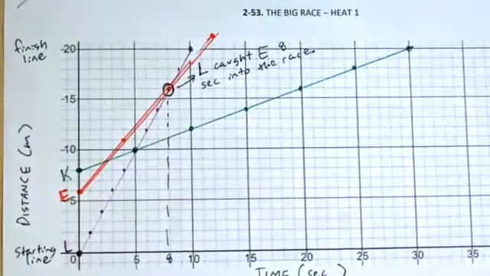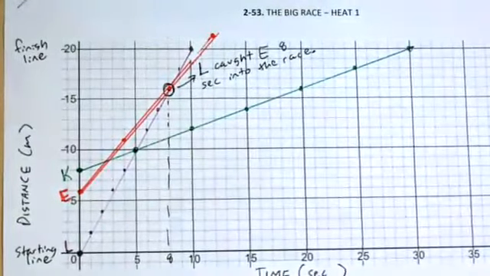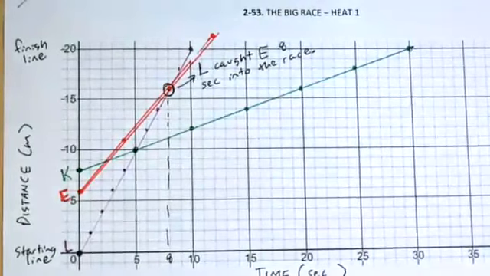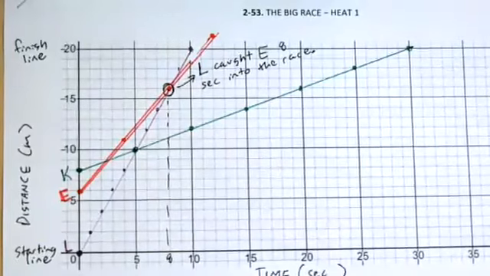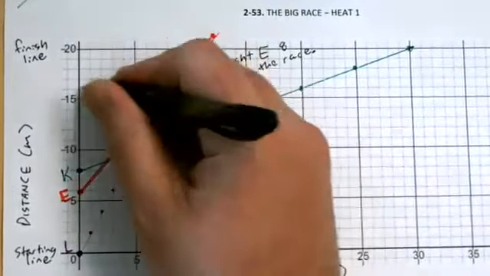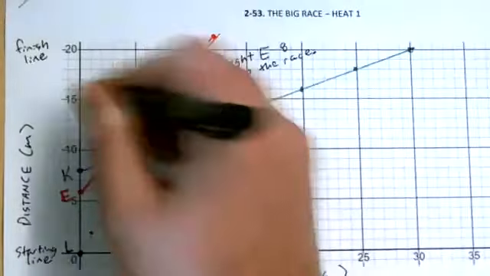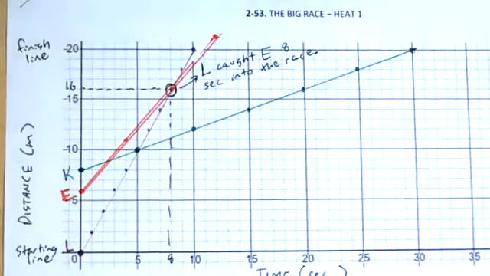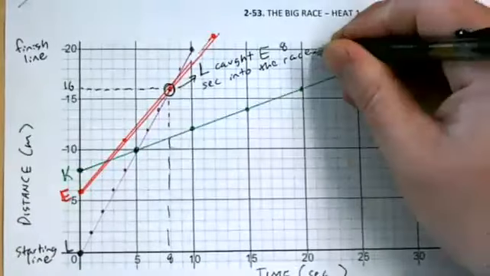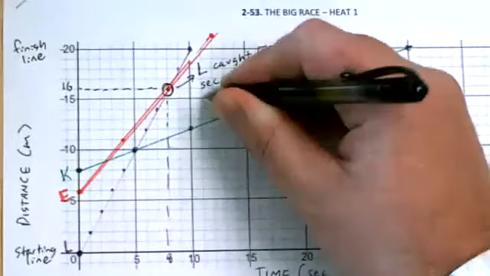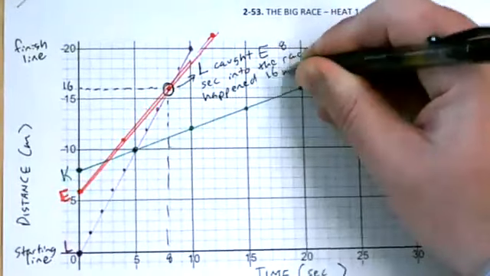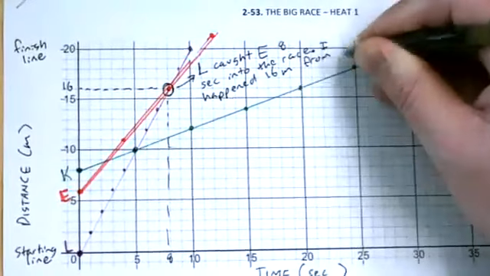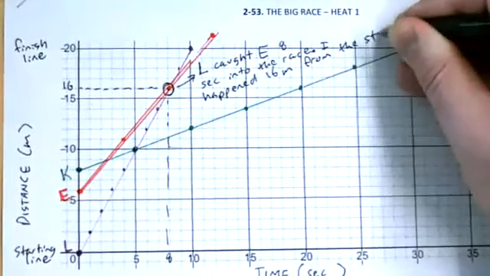It also says, how far were they from the starting line when Leslie caught up to Evie? How far away from the starting line did this happen? 16 meters into the race? Yeah, 16, right? So I could say it happened 16 meters from the start.